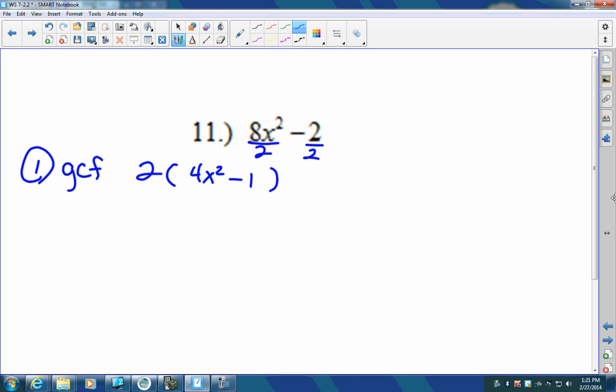Here's the problem now. Okay, so now step 2 is to slide, right? You are sliding the number that's in front of the x squared. So I'm moving the 4 back here to the back. So I get 2x squared, 4 minus 1, or 4 times negative 1, sorry. 4 times negative 1 is negative 4.